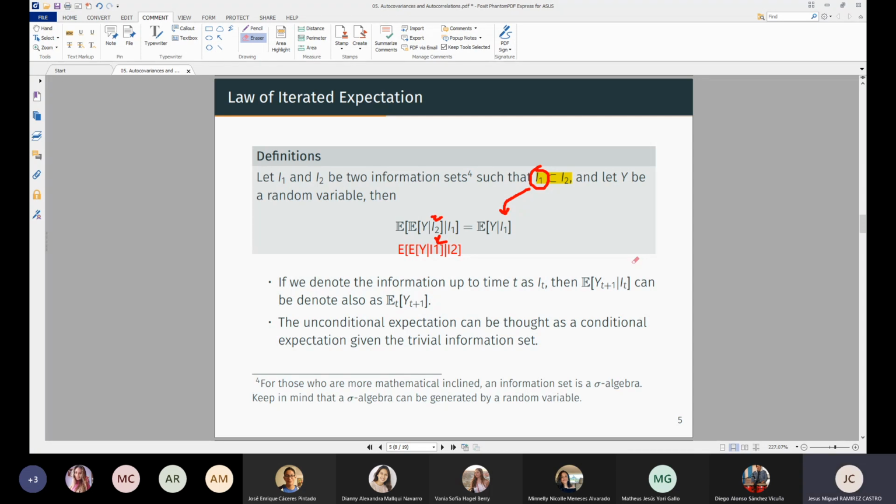No, not necessarily. Let's say you are tossing a coin in our previous example.